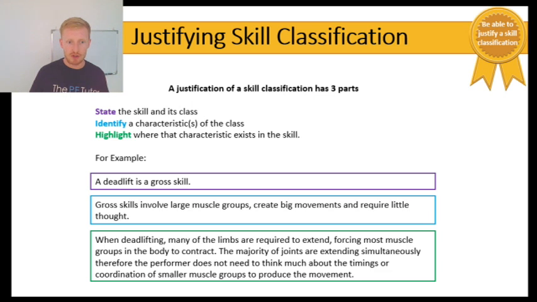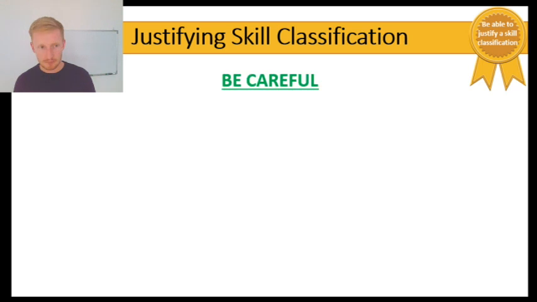The majority of joints are extending simultaneously, therefore, the performer does not need to think about much. They're all gone from flexed to extended, all at the same time. That's one thought. Crouch, stand up. So lots of muscle movement, very simple thought. I've just highlighted what it is in the specific skill that is linked to the characteristic of the class.